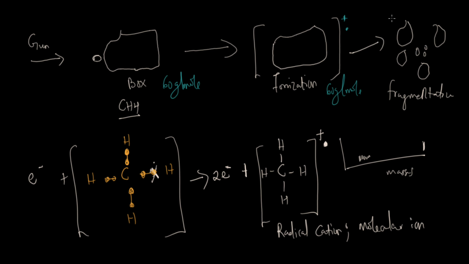So this one could be like 10, this one could be like 5 gram per mole, this one could be like 2, and all of that. Also here we ionize this methane molecule, right? Ionization of the methane molecule does not affect its mass until fragmentation occurs.